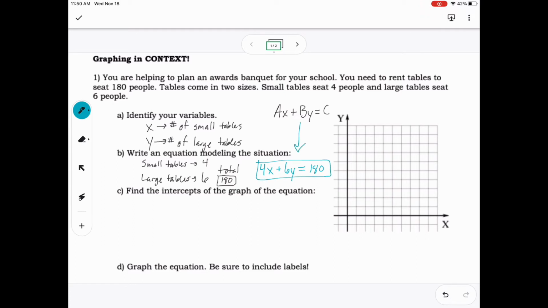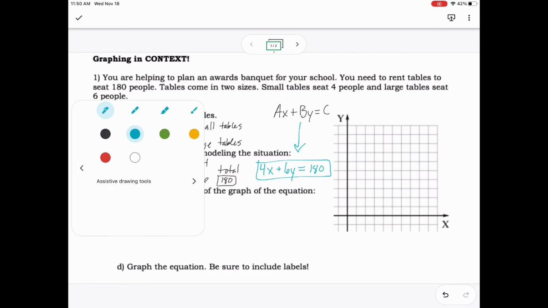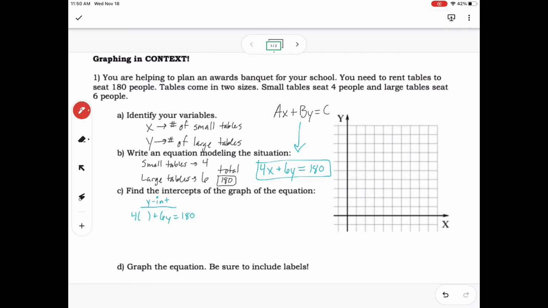Notice that's in the same kind of setup as our standard form. Okay, so letter C means that I want to find my intercepts. Now this goes back to part 1 where we would plug in 0 for x. So let's find our y-intercept. That means taking my equation that I just found, plugging in 0, and then simplifying.